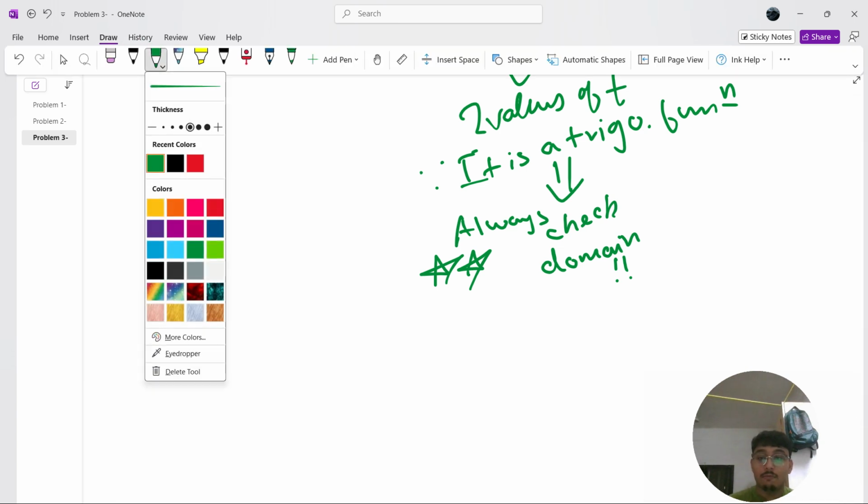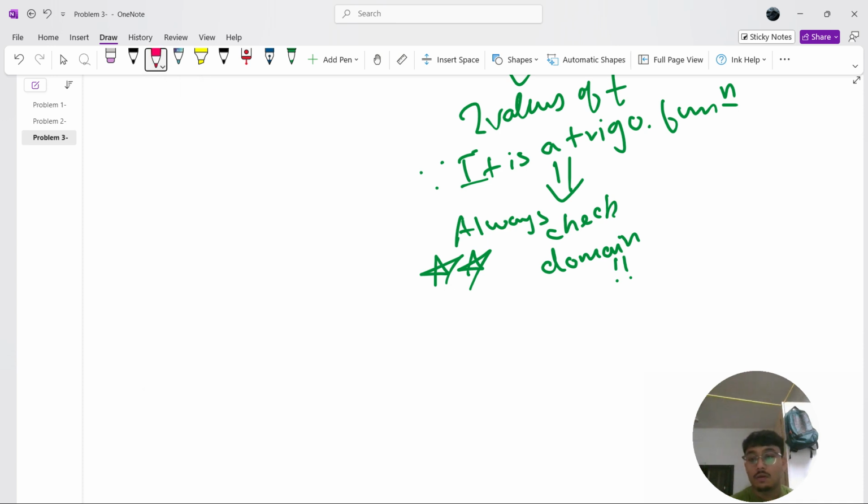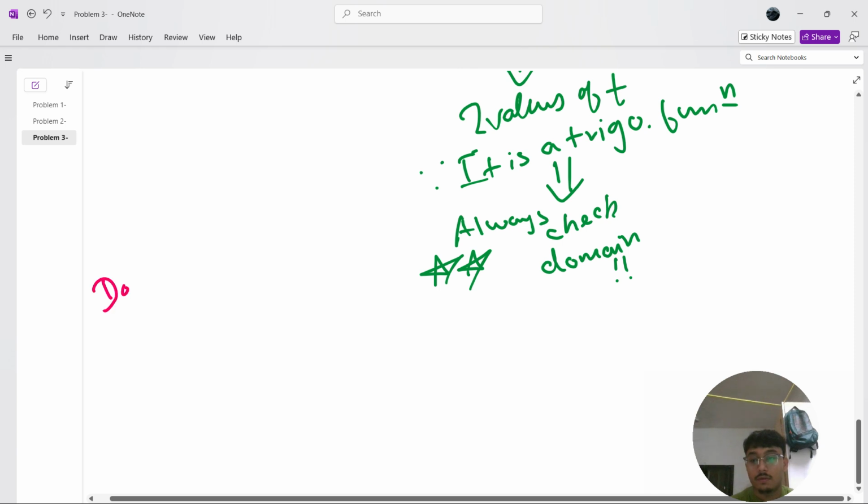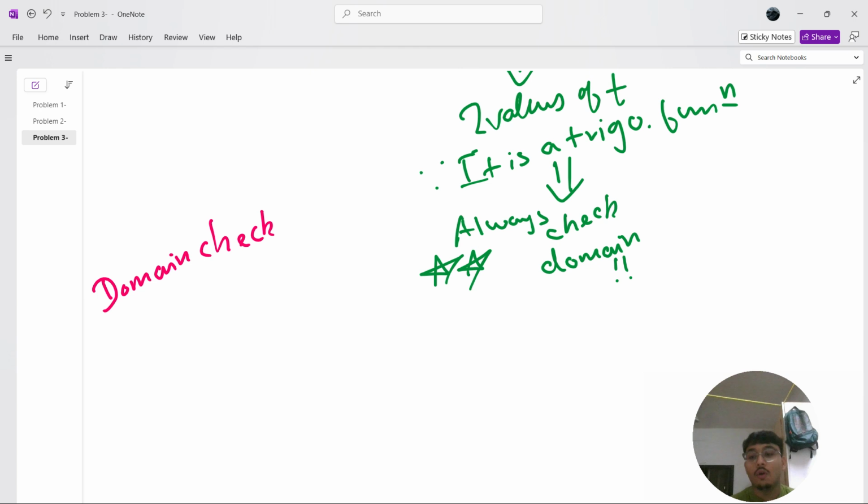Now for domain checking, I'll be taking a different color. Here is the domain check. This is an important step. Now t is equal to sin x plus cos x.